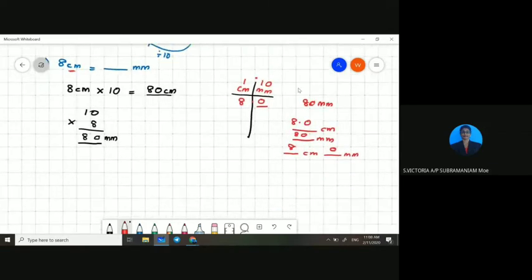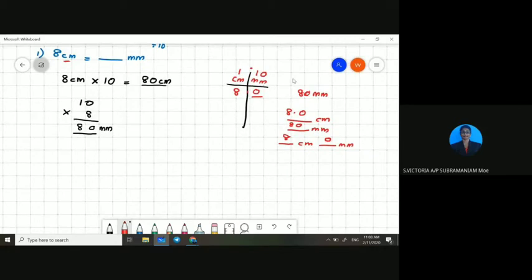Okay, so we're going to see another question, example 2. For example 2, 13 centimeter and 8 millimeter, when we convert to millimeter. How to convert this?